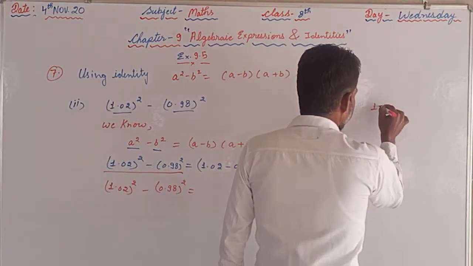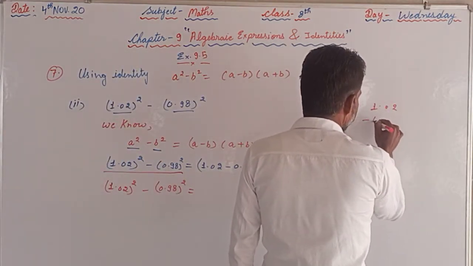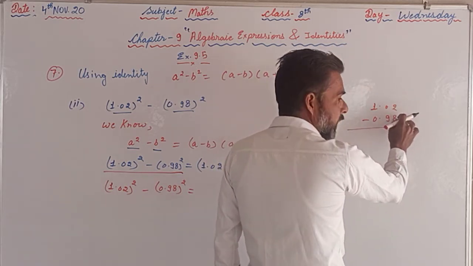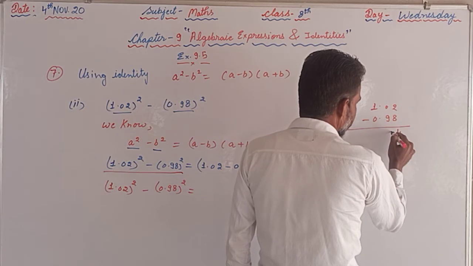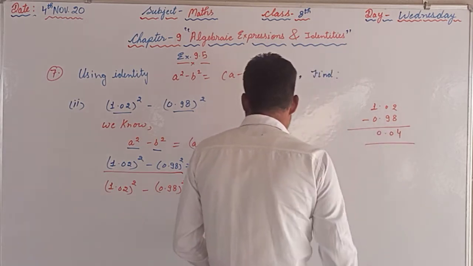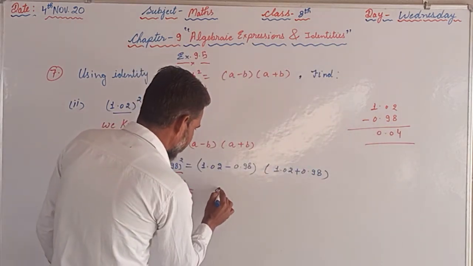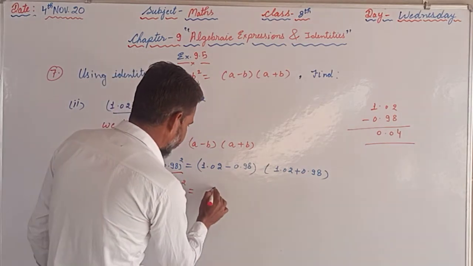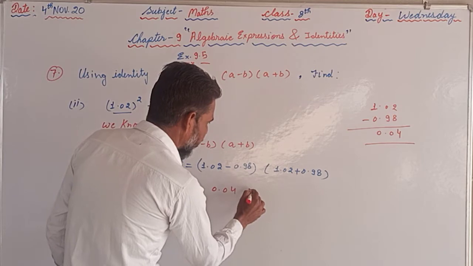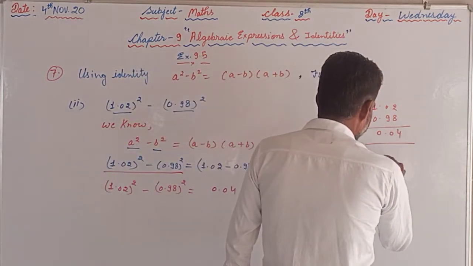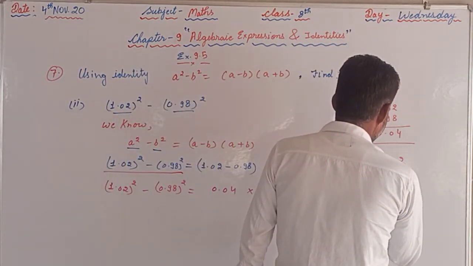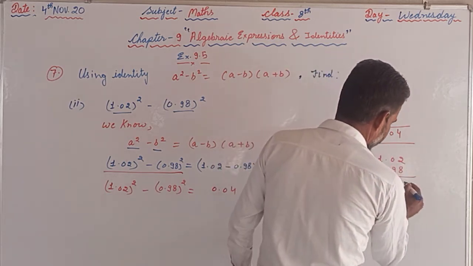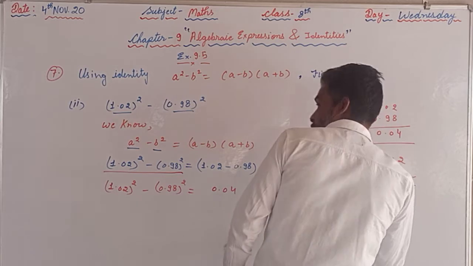We are supposed to subtract that. So 1.02 minus 0.98: 12 minus 8 is 4, 9 minus 9 is 0, and here again 0. So that will be 0.04. From here we are supposed to add 1.02 plus 0.98, and we will get 2.